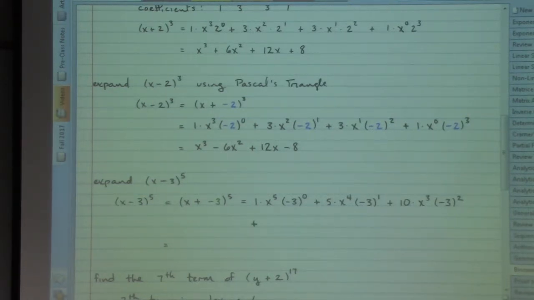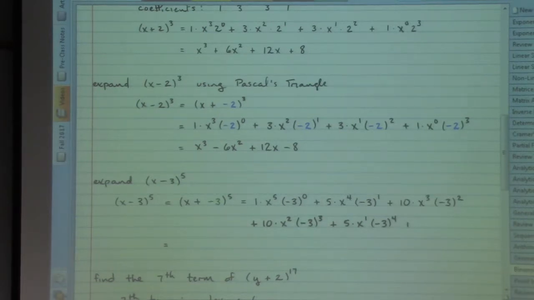Plus sign. The next coefficient is a 10. Our x would now drop down to a power of 2. Our negative 3 would now bump up to a power of 3. Our next coefficient is 5. Our x would bump down to a power of 1. Our negative 3 would bump up to a power of 4.